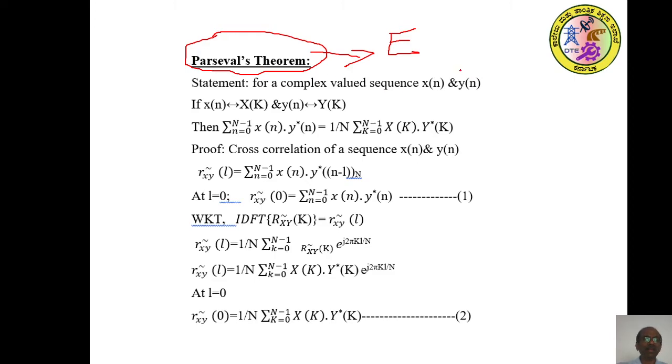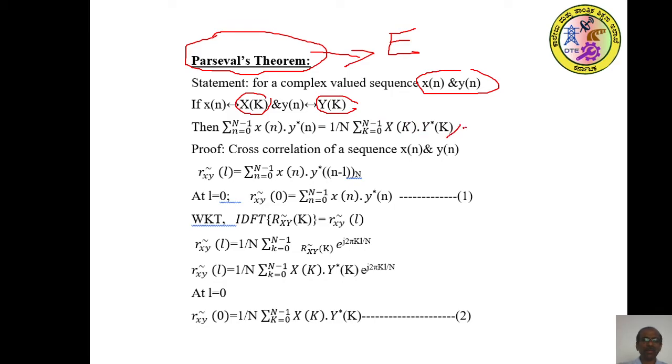For complex valued sequences x of n and y of n with DFTs x of k and y of k, Parseval's theorem states that summation n varying from 0 to n minus 1 x of n into y star of n is equal to 1 by n summation k varying from 0 to n minus 1 x of k into y star of k.